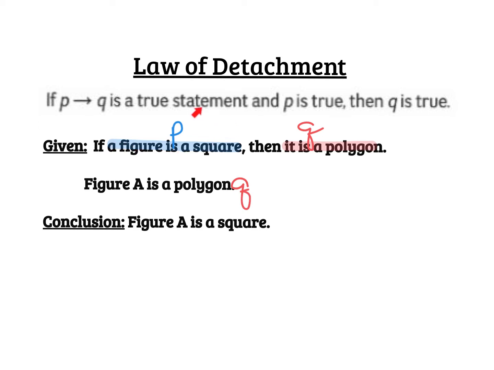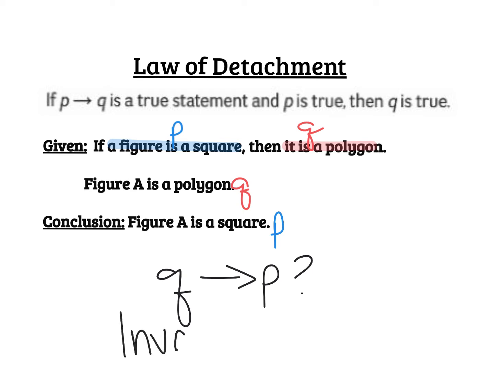If I look up here, figure A is a square is P. Can I conclude Q to P? Absolutely not. When that happens, we say that this is an invalid or a false statement. You cannot imply that because you have a polygon, then it's a square. It could be a pentagon, a hexagon, a diamond, a circle, it could be anything that is not a square. So Q does not imply P. This would be false.